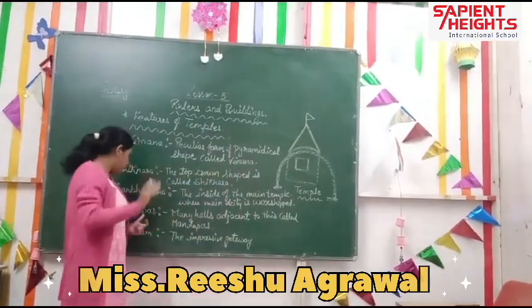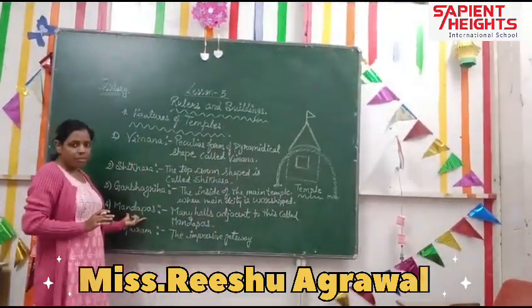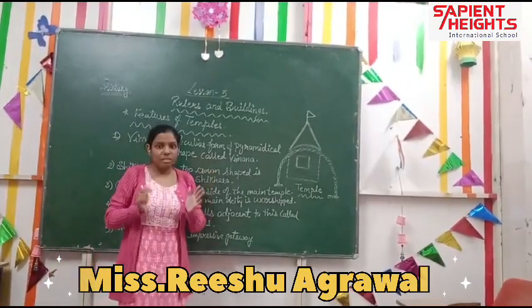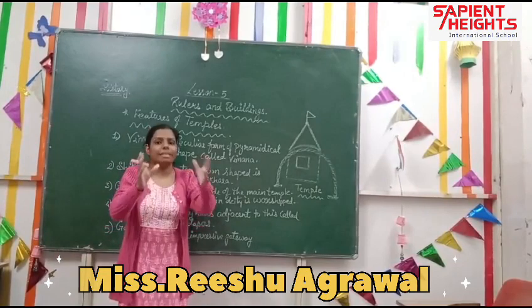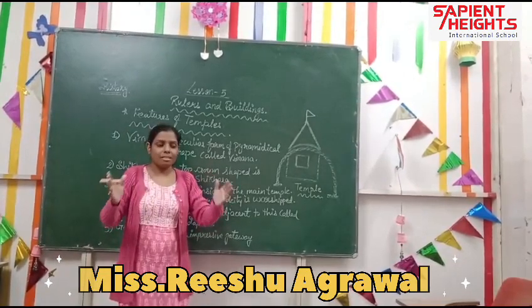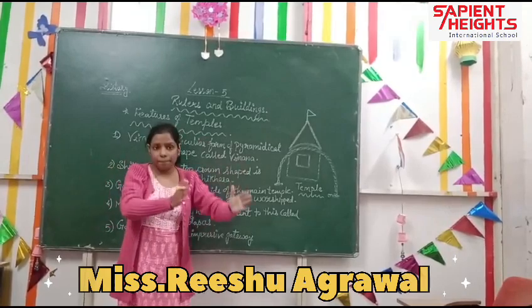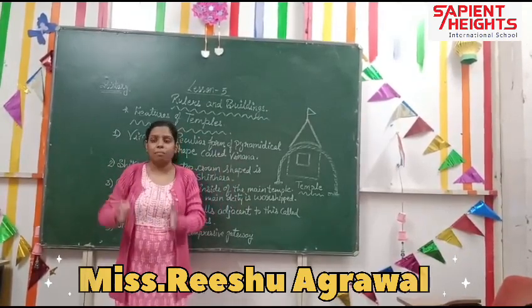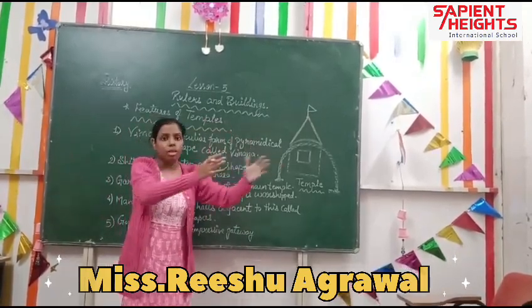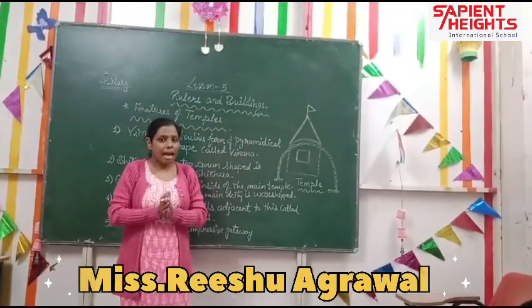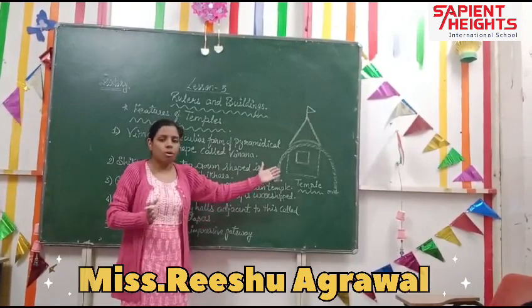Now, the next part is Mandapas. What is a Mandapa? There are so many halls adjacent to the Garbhagriha, so many rooms inside the temples. They are known as the Mandapa, where people assemble or gather together and worship the idol of the gods and goddesses.